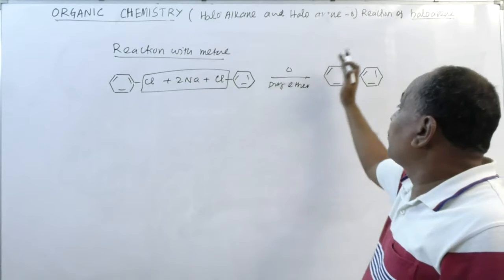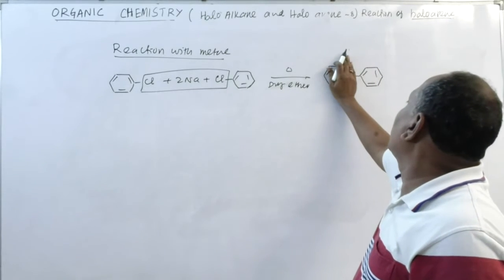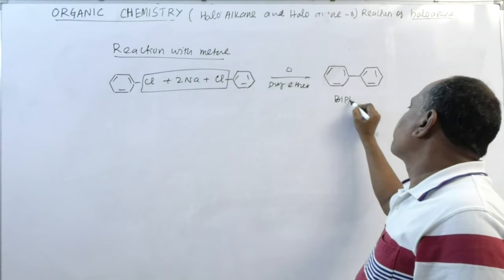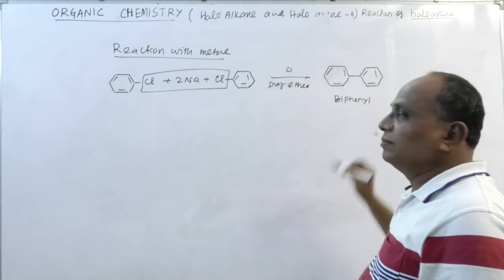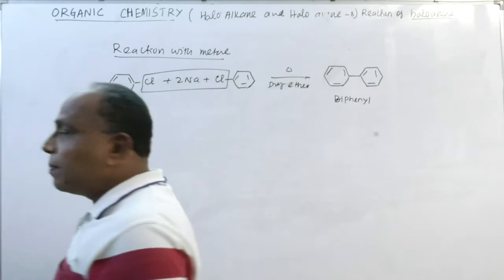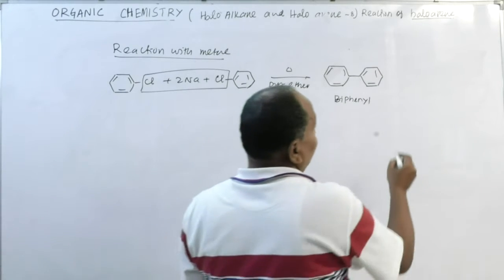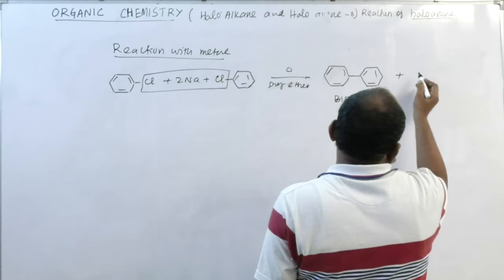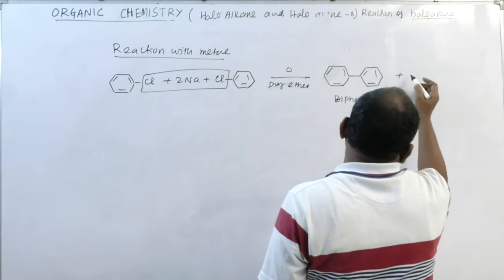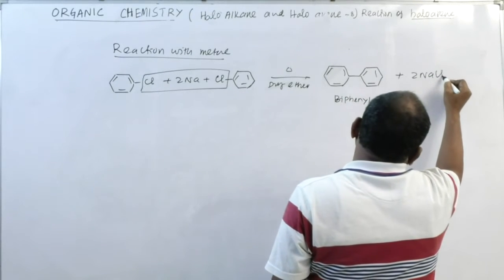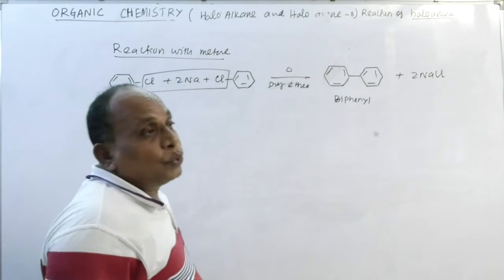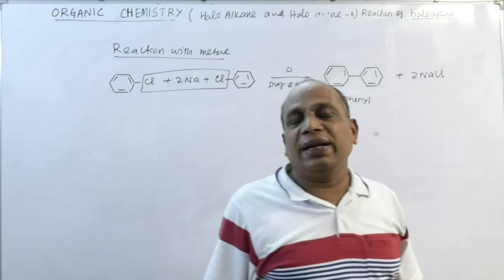This is one phenyl group, this is another phenyl group, which is called biphenyl. You will get biphenyl, meaning two benzene rings connected to one another.